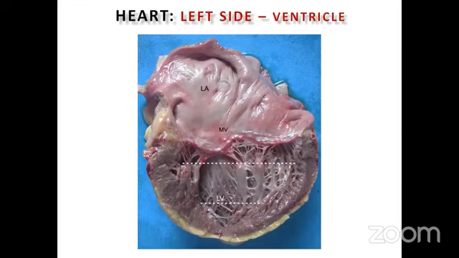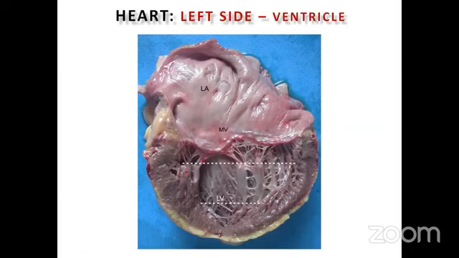Now, the left ventricle is divided into the basal third, which extends from the mitral annulus to the tips of the papillary muscles, the middle third, which extends from the tips of the papillary muscles to the attachment of the papillary muscles, and the apical third, which extends beyond the base of the papillary muscle to the apex of the left ventricle.